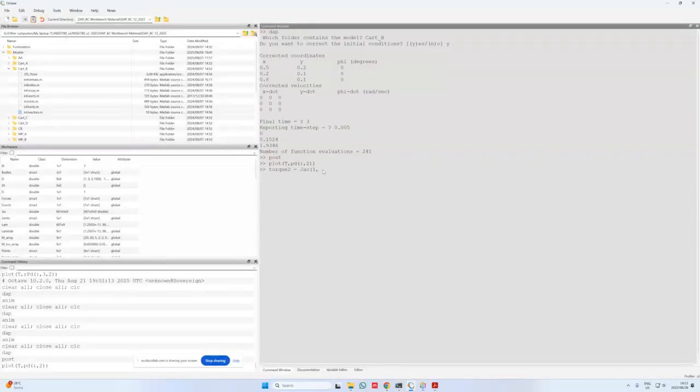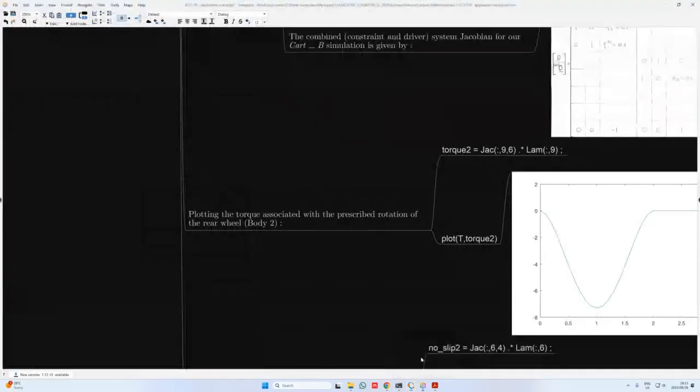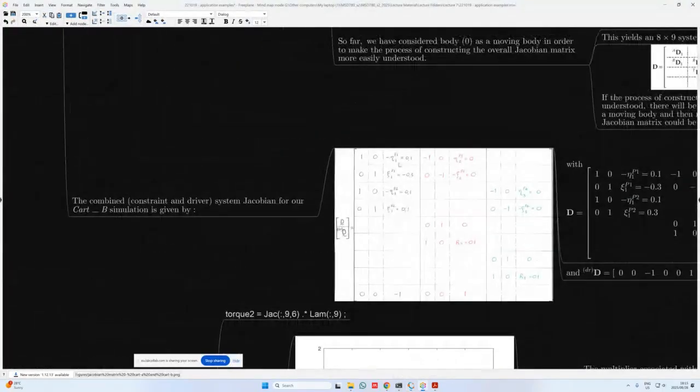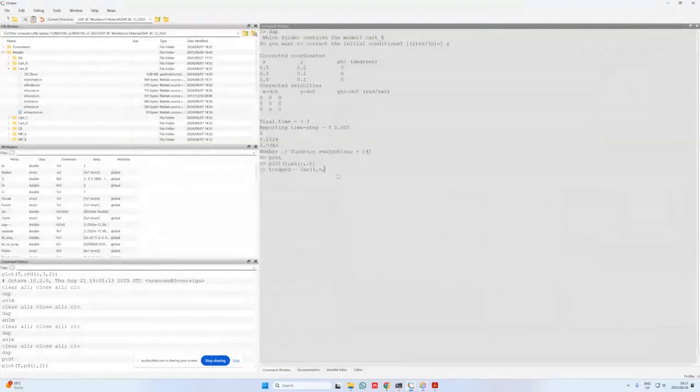So the constraint that I'm considering is the very last constraint, which is the driver constraint. So it's going to be row 9, and then the body that I am interested in is body 2. So if I look at the Jacobian, it's body 2, so I'm working in the second block over here. We know that the relative rotation driver is in the z-axis, so it's going to be column 6 that I'm going to use.